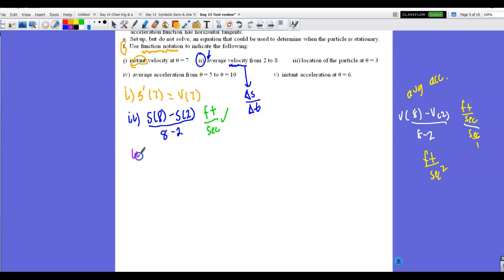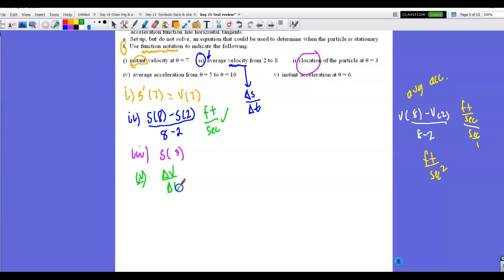Number 3, I want the location of the particle. Well, if I want location, I want the position, so that would be S of 3. So that's just a basic expression. In 4, I want average acceleration, and we talked about that. So if I want the average acceleration, that would be change in velocity.